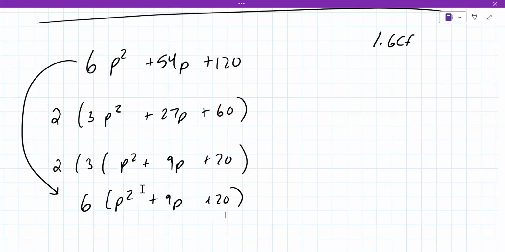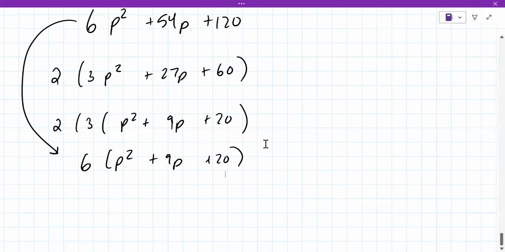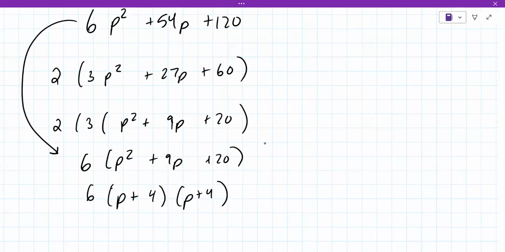So it would be factors of 20: 20 and 1, 10 and 2, 5 and 4. Okay. You got it. Yeah, okay, that's it. And what is then the answer? p plus 4, p plus 5. Very good. Sorry, 5. Yep. Okay.